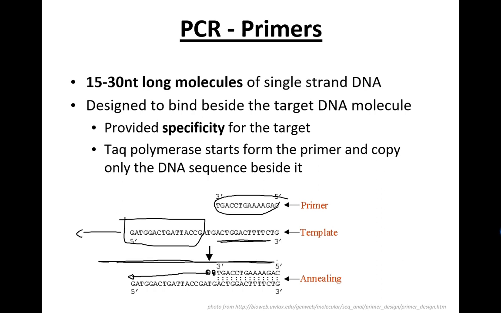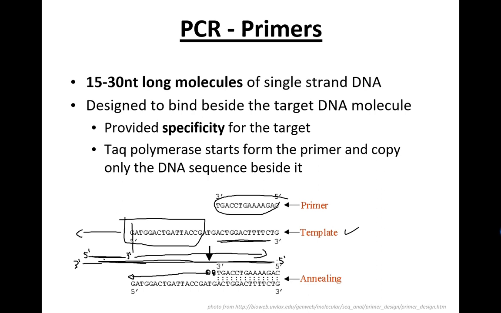The opposite strand here, the complementary strand to this one, would have the other primer designed here. So this will be, at this point, 5 prime to 3 prime, the complementary strand there. And so this will be the second primer right here. It will bind here and therefore will allow copying this strand in this direction.